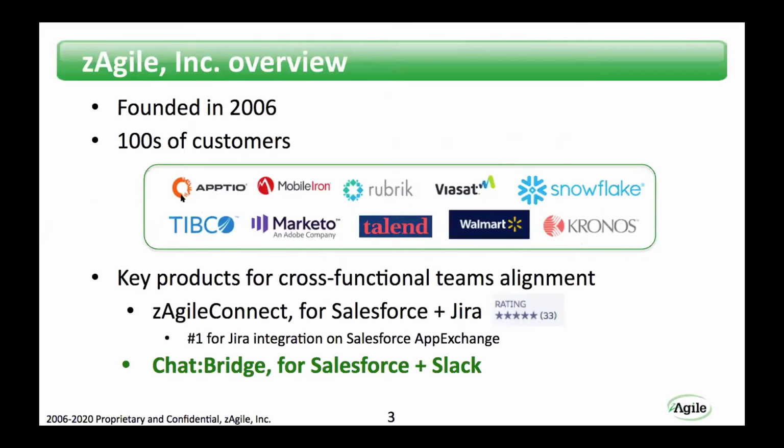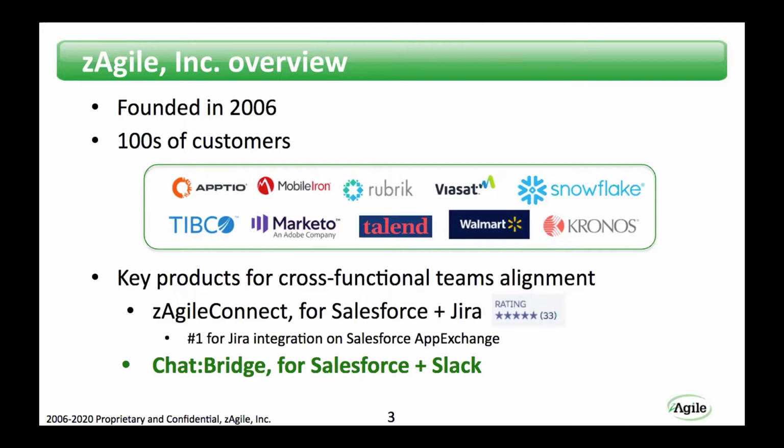Before we jump into the description of the webinar itself, a brief background about zAgile for those of you not aware. The company was founded back in 2006. We have hundreds of customers. There's a selection of some of the more famous brands that you're probably aware of. And notably, you can see we actually have a lot of integration software vendors, which is interesting as they're the experts in broad enterprise integration.